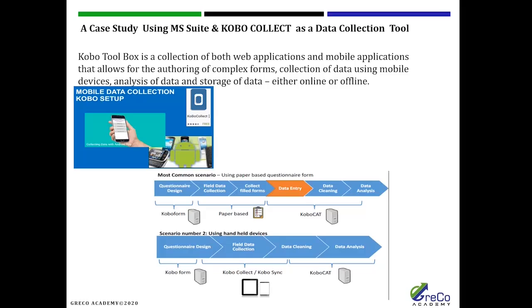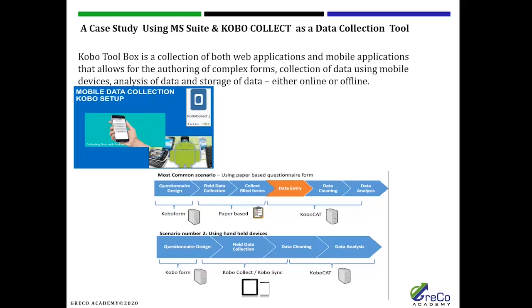It is also used to collect information using an Android phone off-site or on-site. Yes, while you're on site, you use your Android phone to get this information. And then finally, it can be used to analyze and map your data faster.